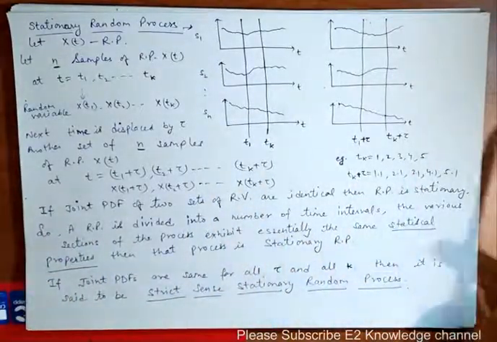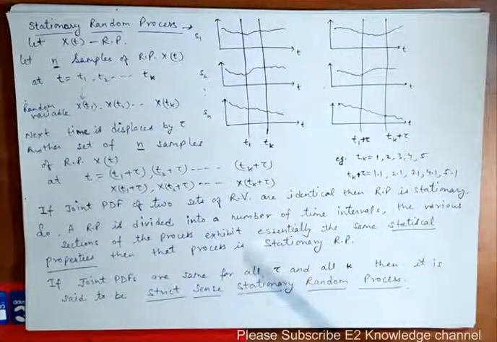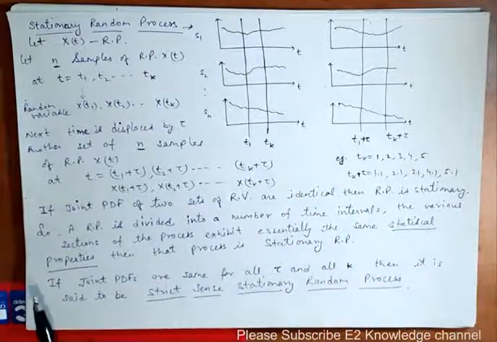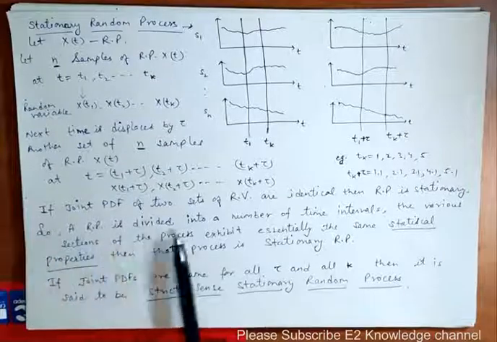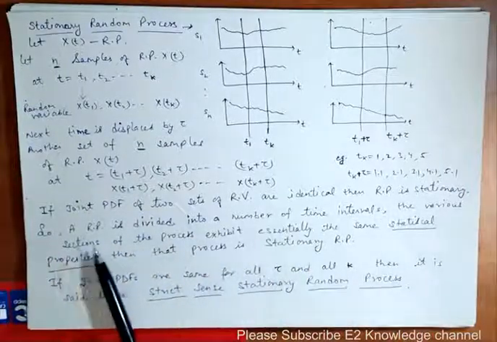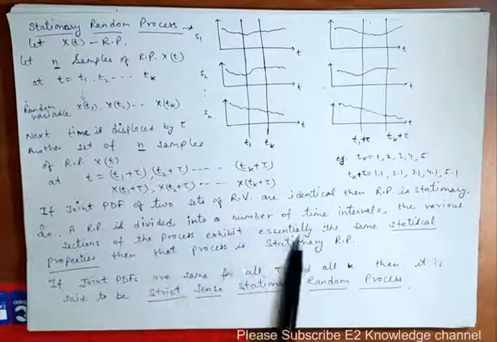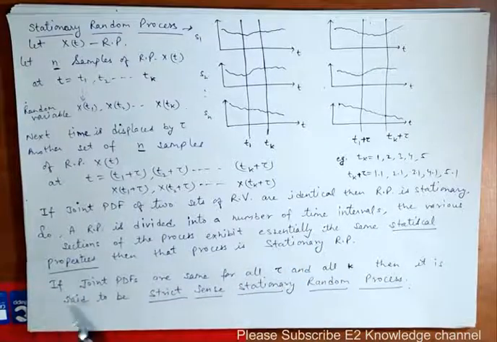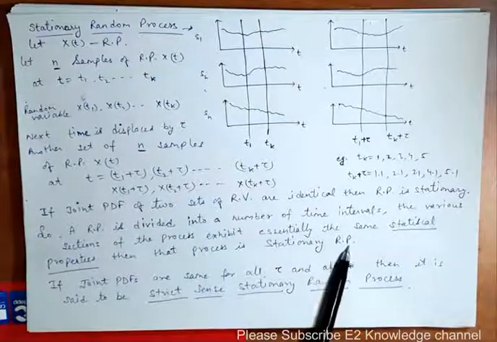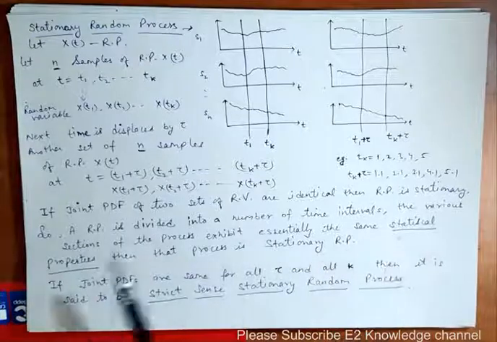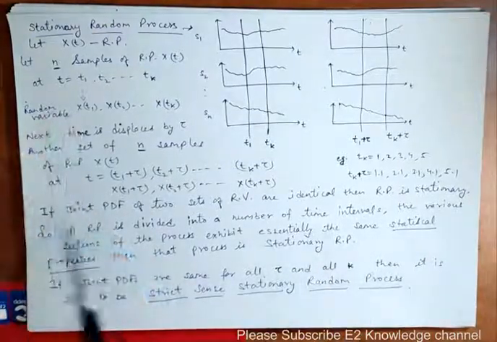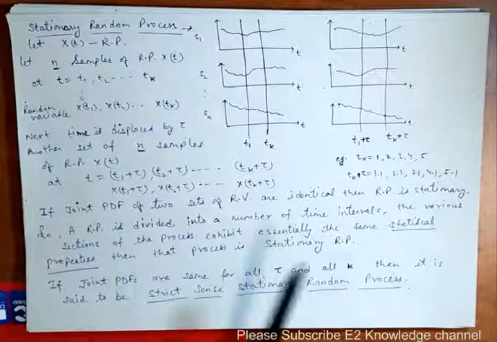But obviously in practical nature it doesn't always hold true. So if a random process is divided into a number of time intervals and the various sections of the process exhibit essentially the same statistical properties, then that process is a stationary random process. The statistical property here we can call the joint PDF. Further, there are other statistical properties also.